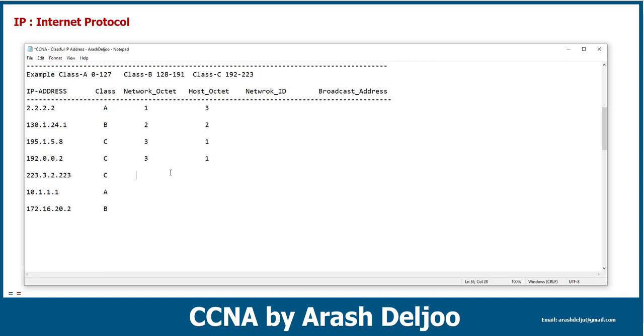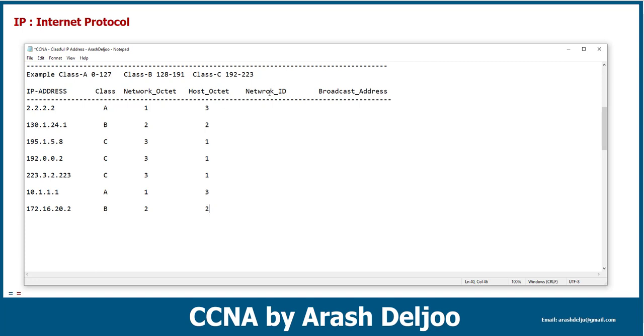After that, 223, class C, 3 network octets, 1 host octet. Okay. And after that, class A, 1 network octet and 3 host octets. Okay. And finally, class B, again 2 network octets and after that 2 host octets. This is field 2 and field 3, network octet and host octet.